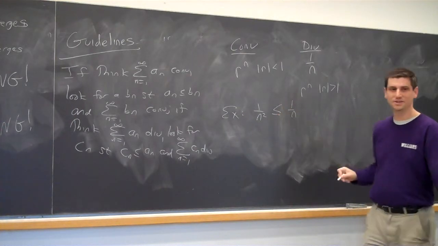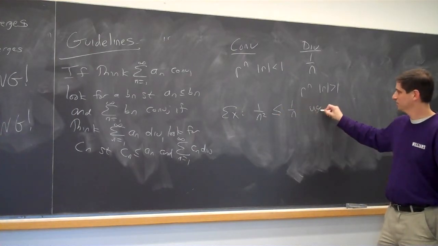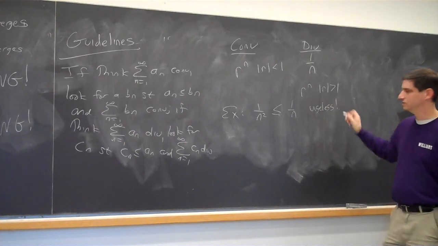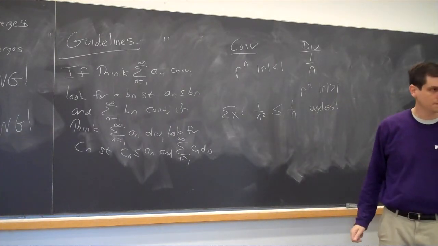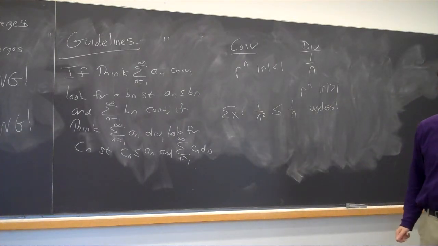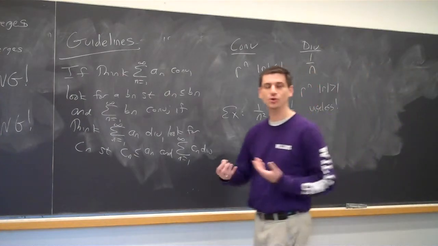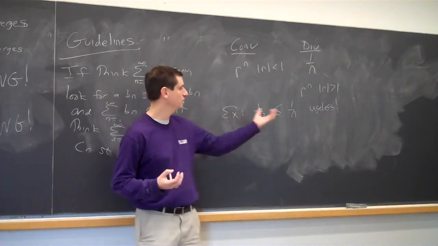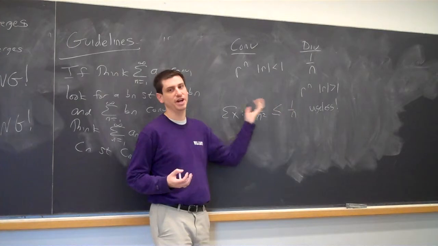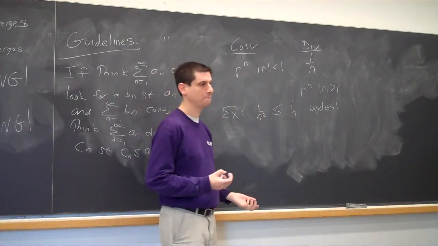Goes this way, useless. Right? We have to compare it to our one convergent series. Right, but unfortunately we have no good way to do the comparison. Because it's not smaller. And so the only thing we know how to compare 1 over n squared to is 1 over n, and the comparison goes the wrong way.